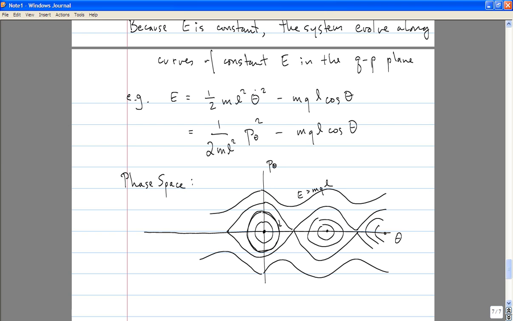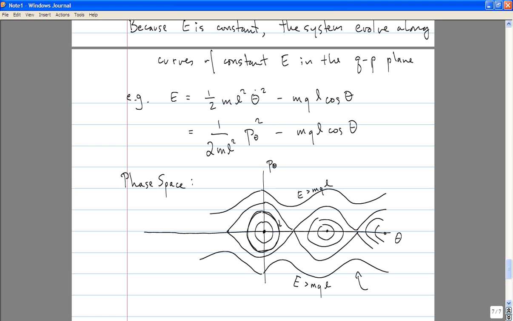So you can see that there are two types of curves where the energy is larger than mgl, one of which has p theta larger than 0. That means theta dot is positive, and so the pendulum is swinging in, I guess it would be a clockwise direction, where theta is continually increasing. And the other curve down here describes the pendulum swinging in the counterclockwise direction.